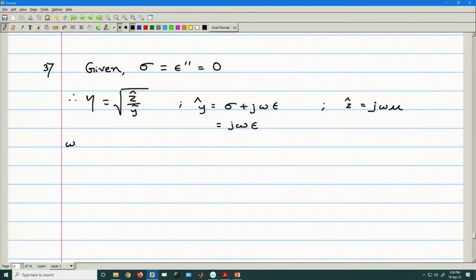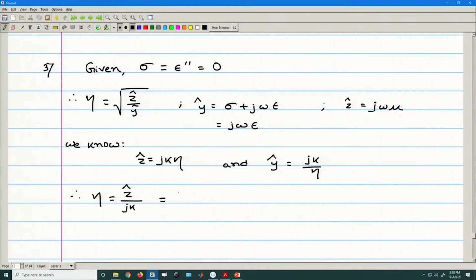Now, we know that wave number and the intrinsic impedance are related by z cap as j k eta and y cap as j k by eta. Therefore, eta can be written as z cap by j k, that is j k by y cap.